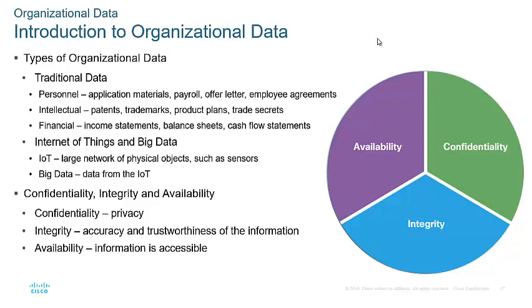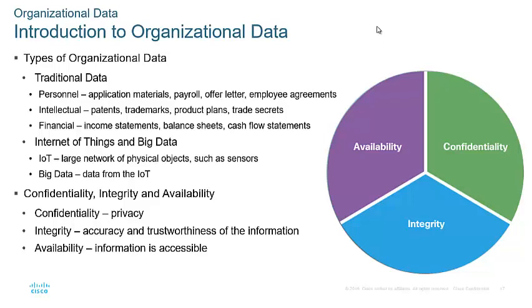We also have financial traditional data, and out of that we can discuss income statements, balance sheets, which show the financial positions of an organization, and then the cash flow statements. All these things can be found in the financial directorate of an organization.